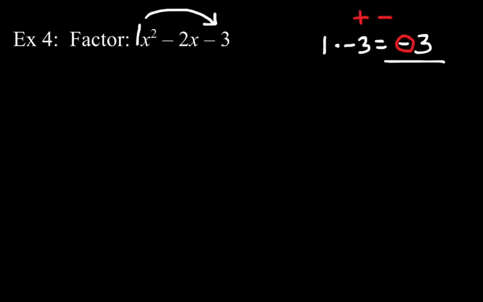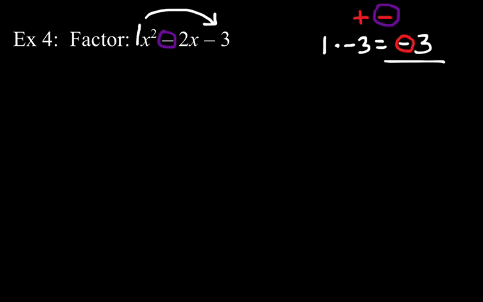But then we also want to go back over here and look at this sign. Because we know these factors that we're looking for have to add up to a negative answer. So if you are adding a positive number and a negative number together and you're getting a negative answer, that tells us the bigger one is going to be the negative, because the negative one is outweighing the positive.